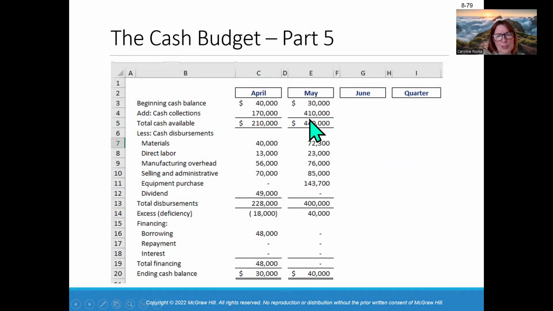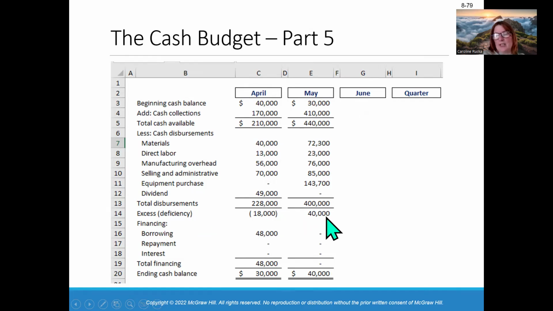So when we start May, we have 30,000 that we need. We collect 410,000, so our cash available is 440,000. Here are our manufacturing expenses and then our selling expenses. Here's our equipment purchase for 143,000. Remember that? So total cash, we need $400,000 and then we need 40,000 for next month.